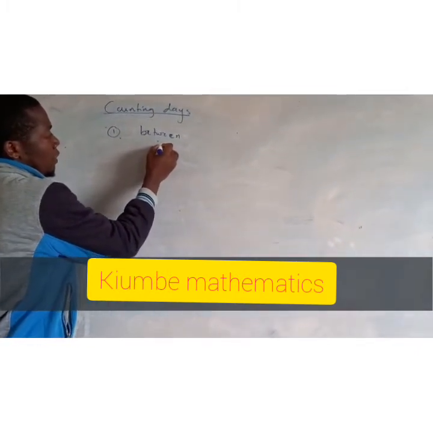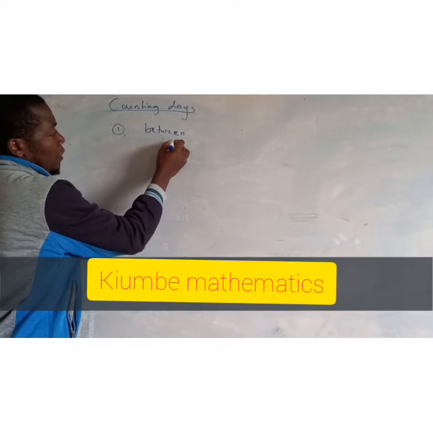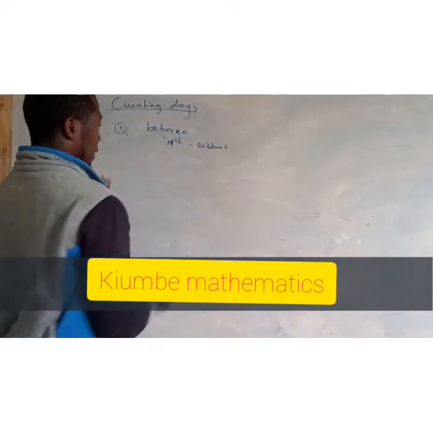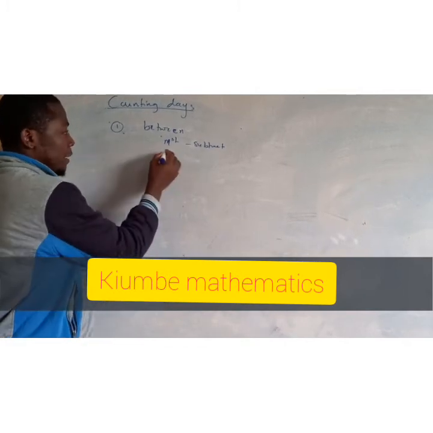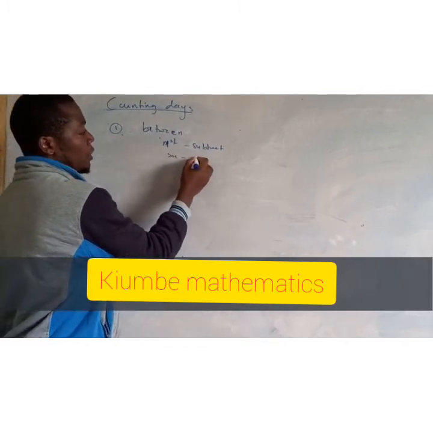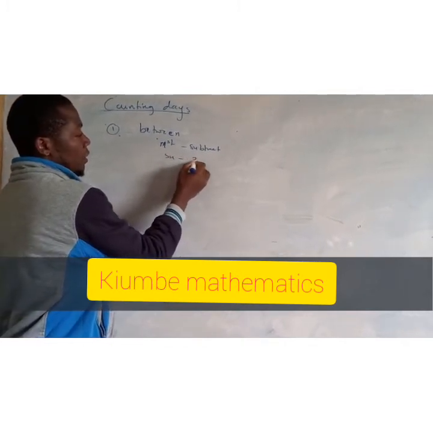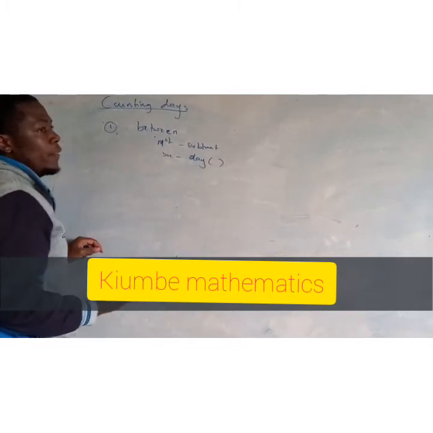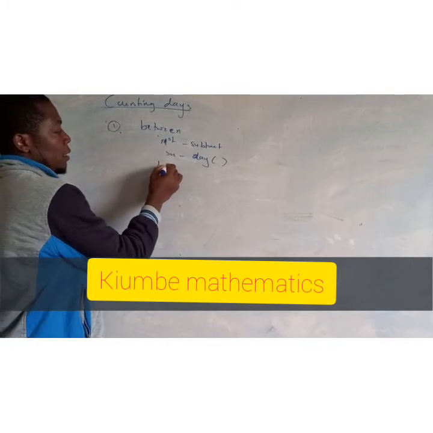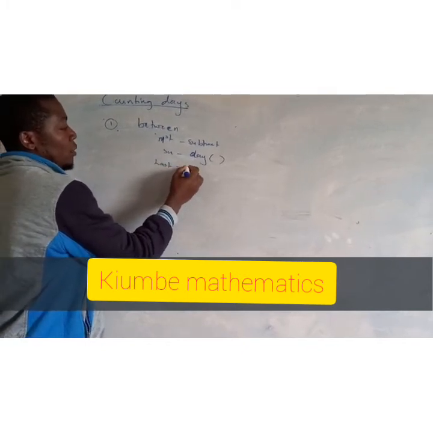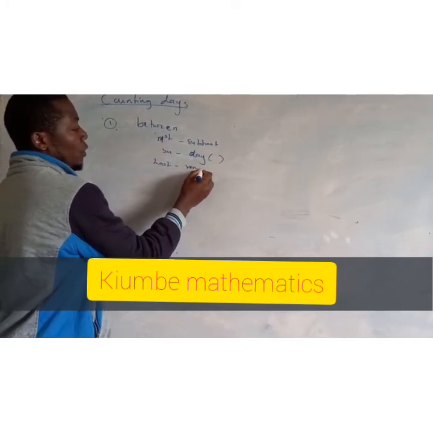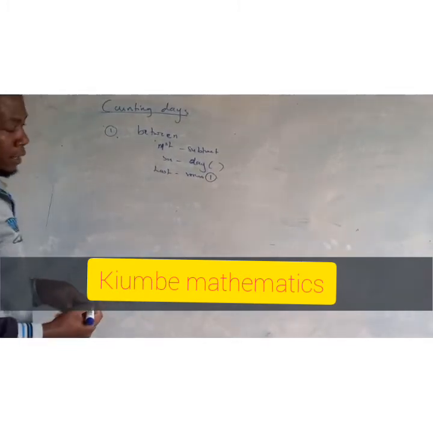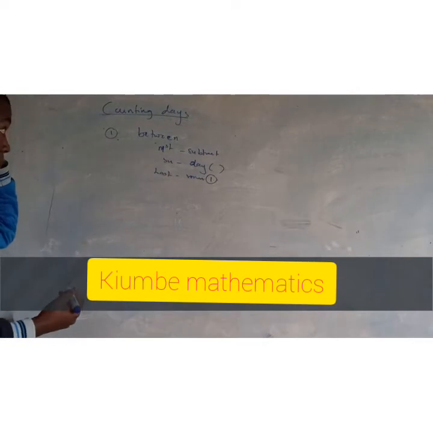The first month you subtract normally. Then the subsequent months count their days normally. Then the last month you remove 1 day, just like nights.